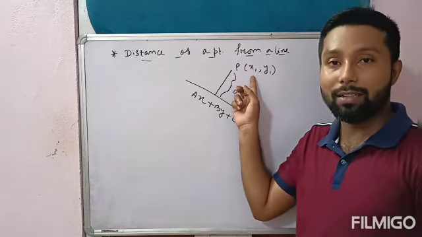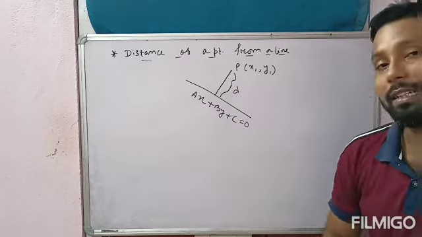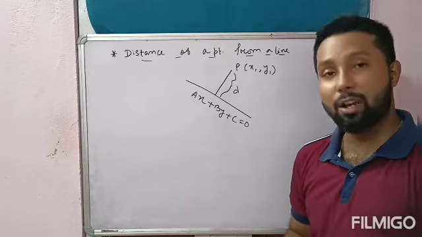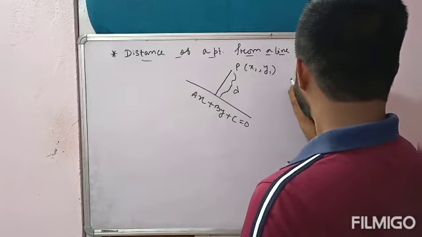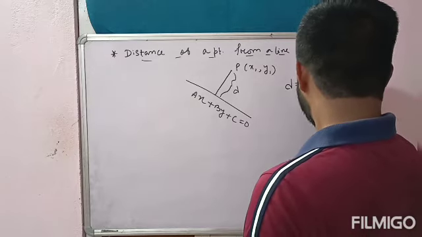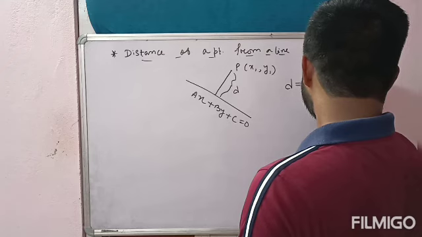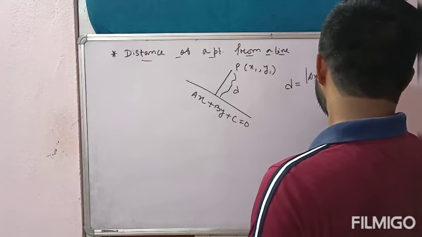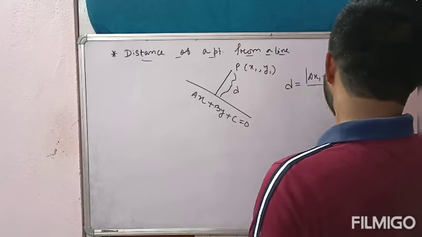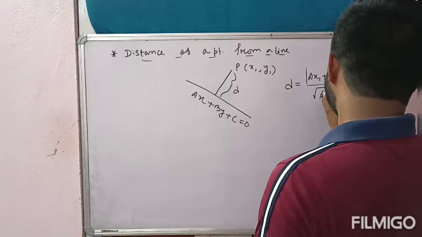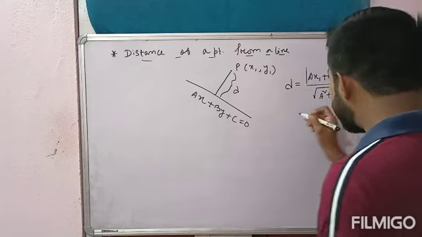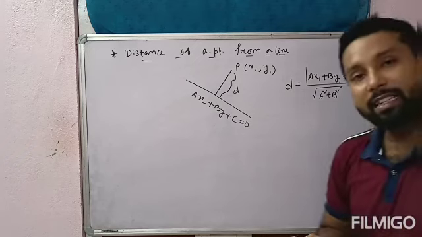(x1, y1) on a given line ax plus by plus c equal to 0 is d equal to modulus of ax1 plus by1 plus c, divided by root over a square plus b square. This is the formula. Okay, just remembering the formula is enough.